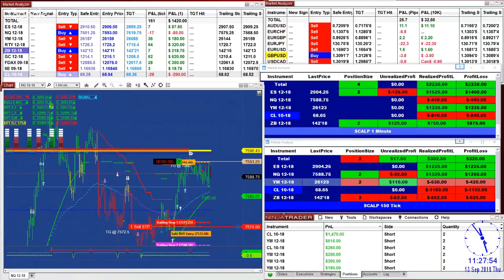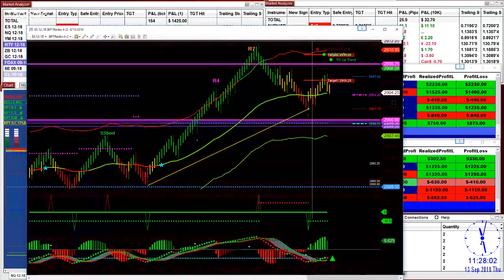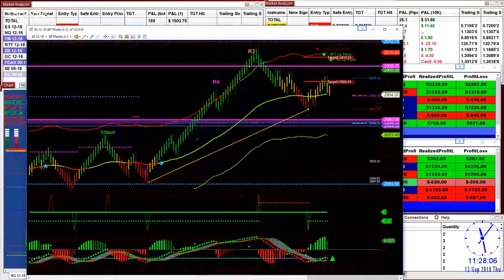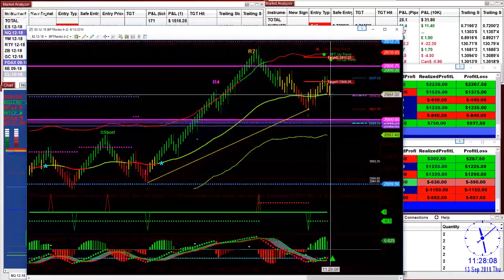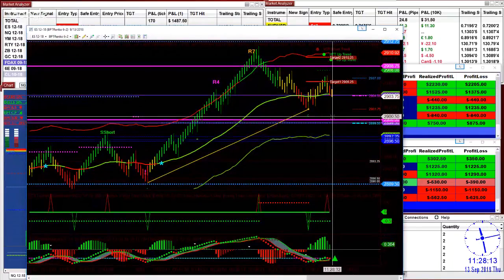Let's look at the reversal on the ES. There's a potential buy on the ES at 0050, guys.